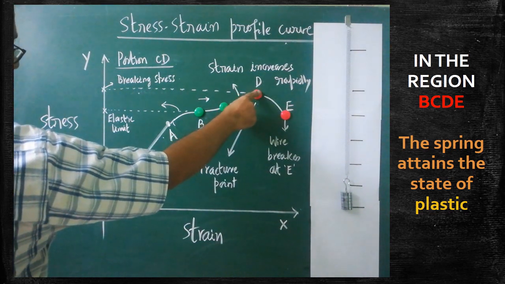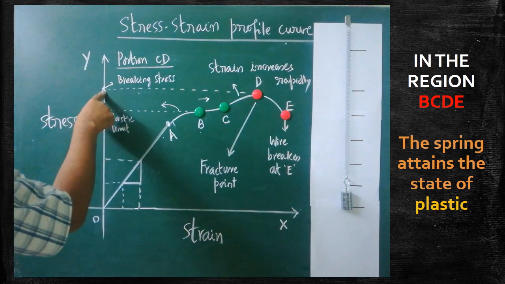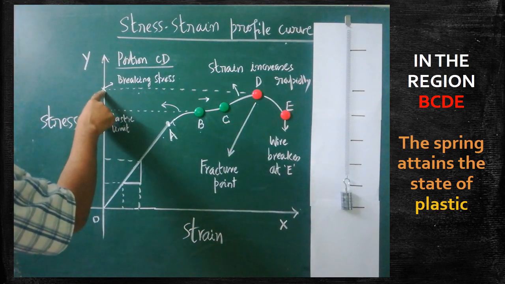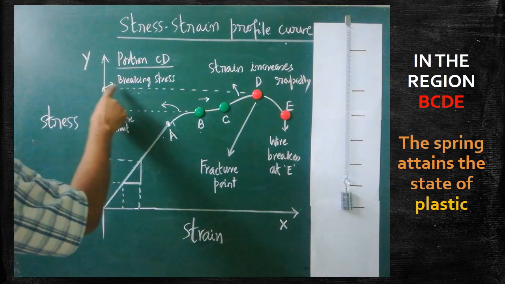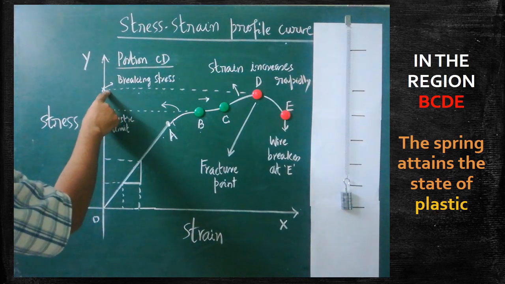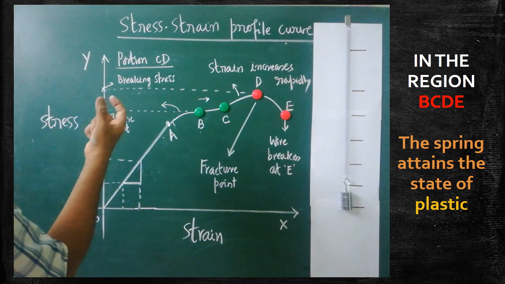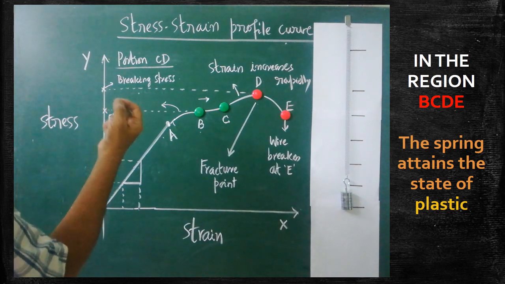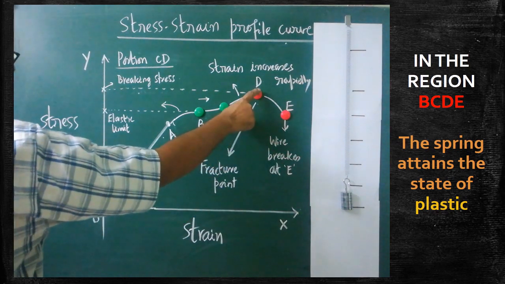That maximum point is called D, at which the maximum stress is created. That maximum stress is called breaking stress. When it reaches the point D, the wire starts breaking. That initial breaking is called the fracture point. So that fracture point is seen at D.